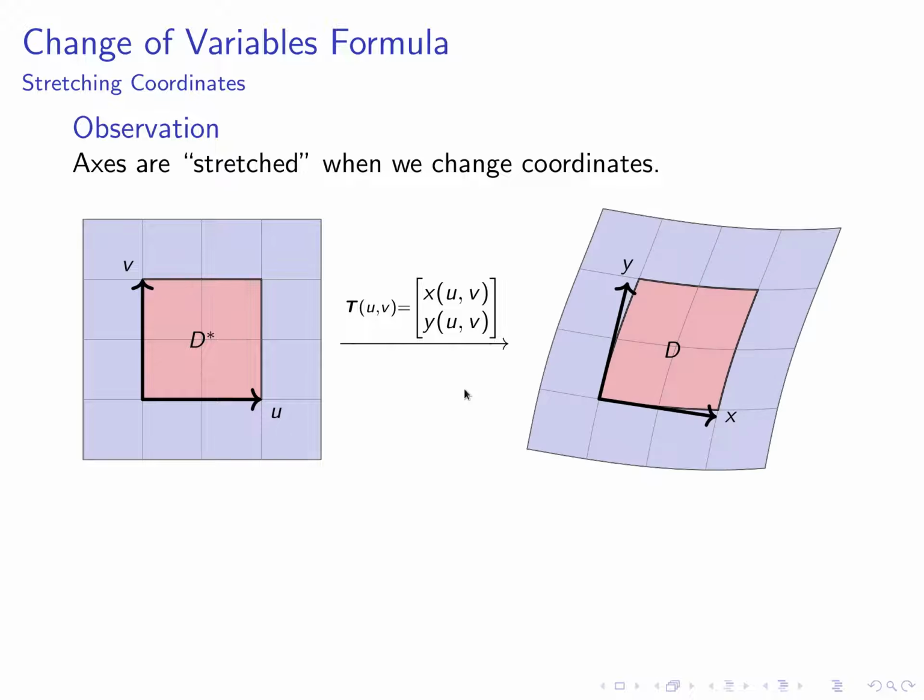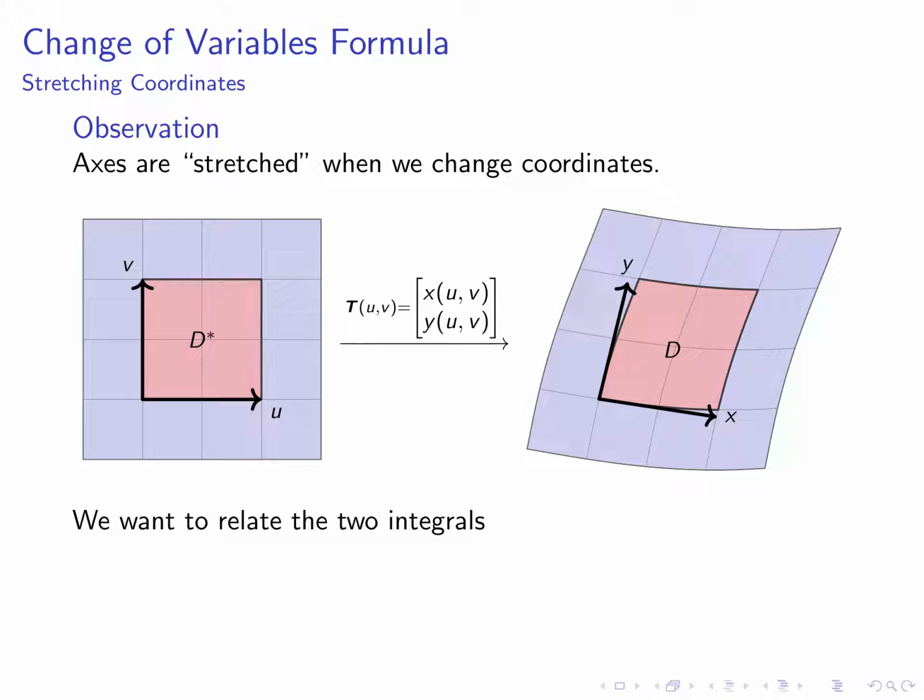And the idea is that when we do this, we're sort of contorting the original coordinate system. So if we're working with squares in the UV world, we end up working with sort of tilty or wavy objects in the XY world. So the idea here is that we're actually stretching our axes when we change variables.